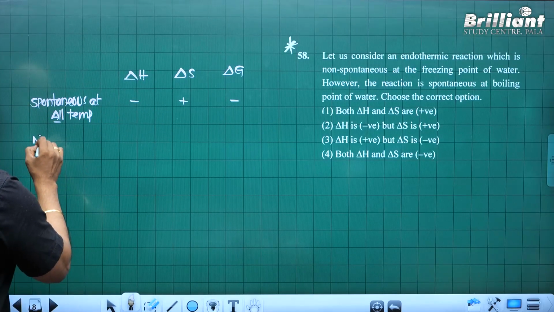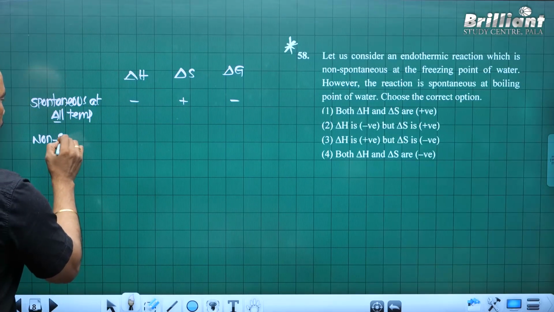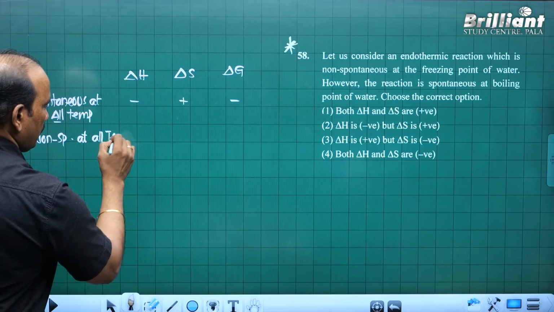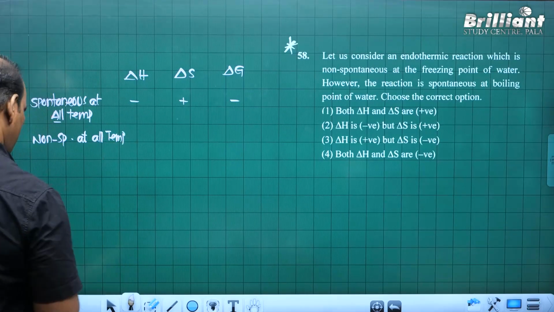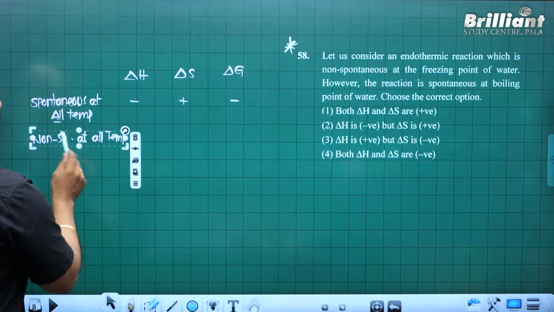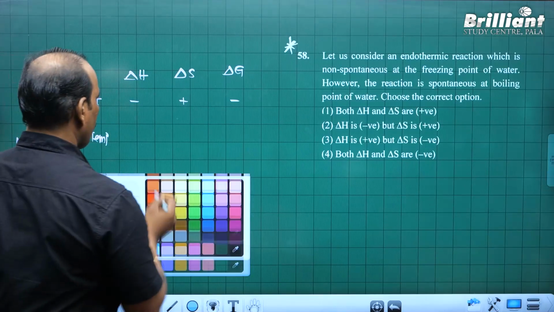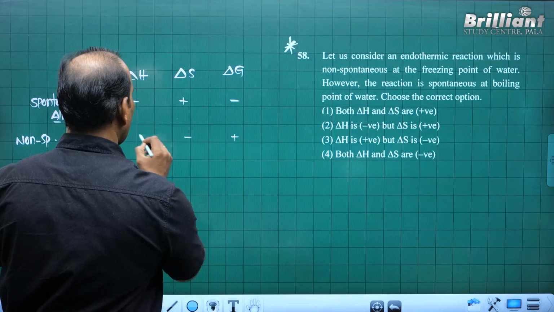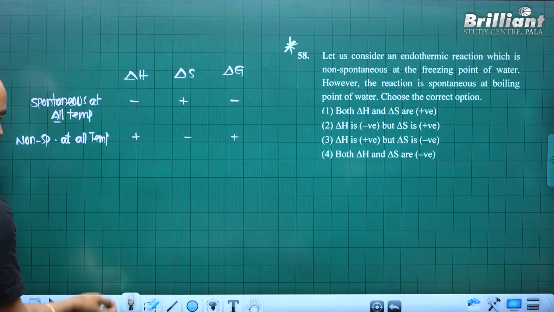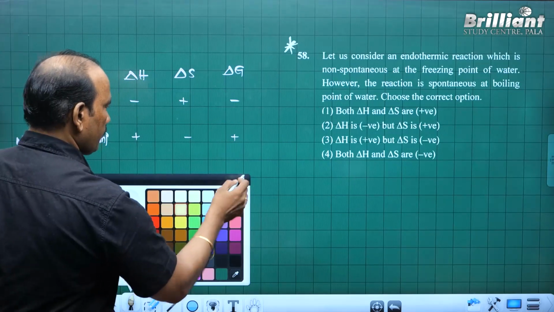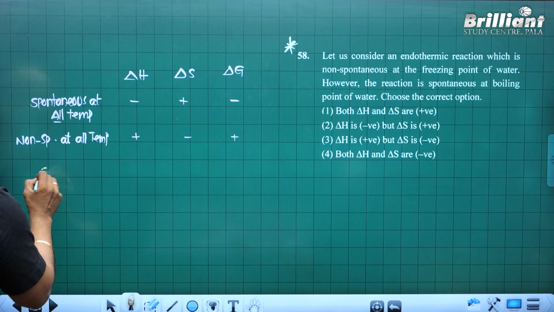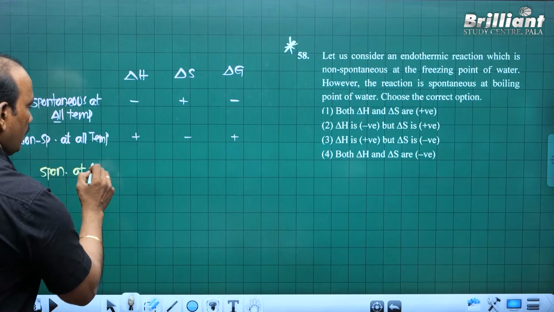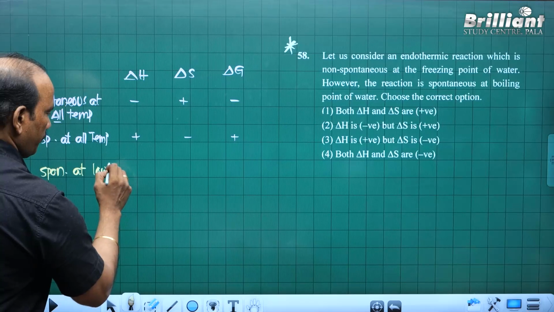Then non-spontaneous at all temperatures, this is the reverse, here plus minus, here plus. Next one is spontaneous at low temperature.